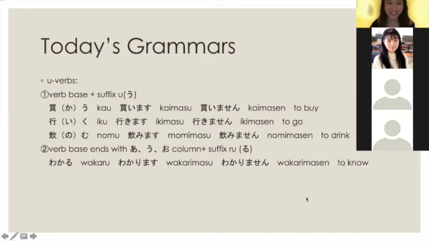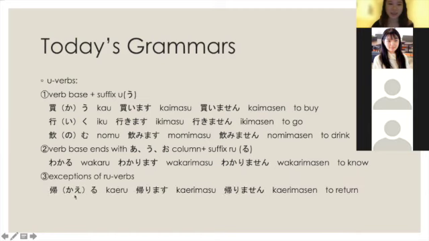And then there is the most annoying one, the exceptions of ru-verbs. But there are not so many. Every time you see one, you just remember them. That's the only way. For example, kaeru. When you remove the ru, it's still the e column, right? But this is special.